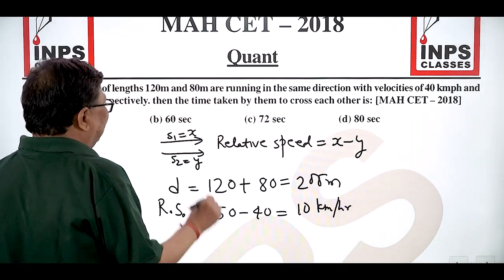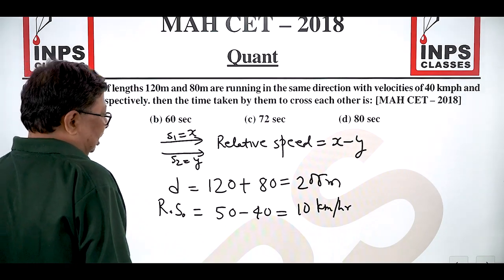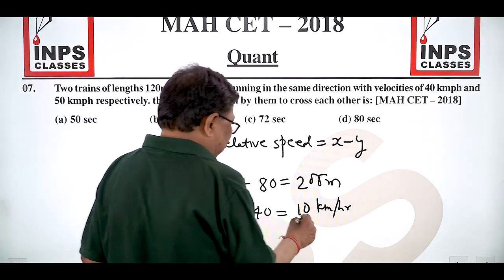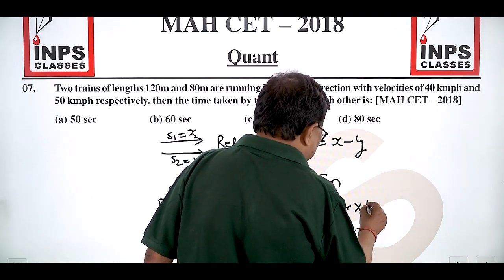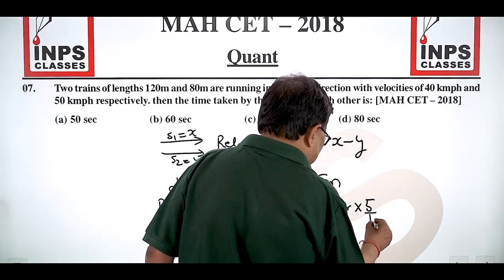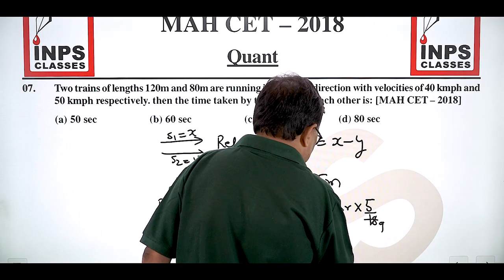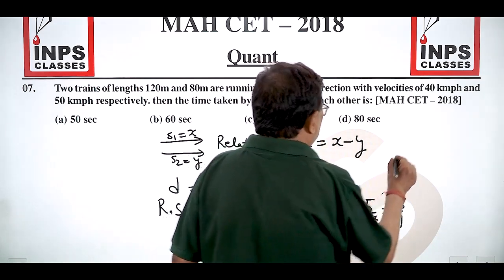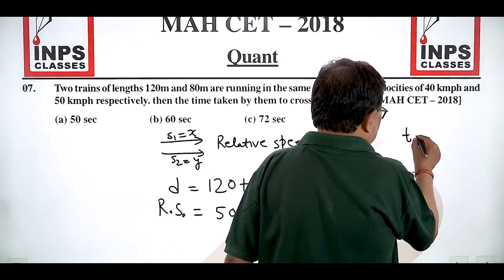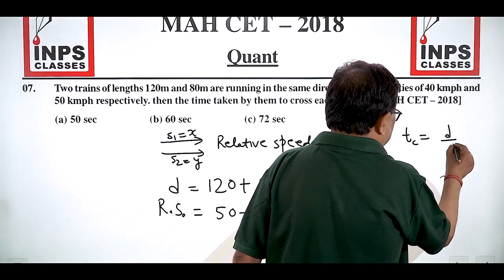Now, we want to find the time taken by them to cross each other. First of all, we will convert 10 kilometer per hour into meter per second by multiplying it by 5 by 18. So, this gives me 25 by 9. Now, time taken for crossing each other is equal to distance upon speed.